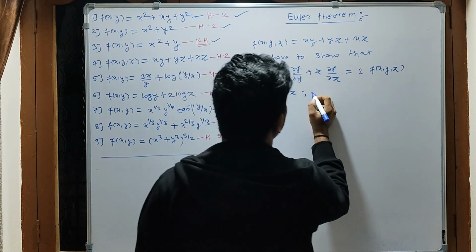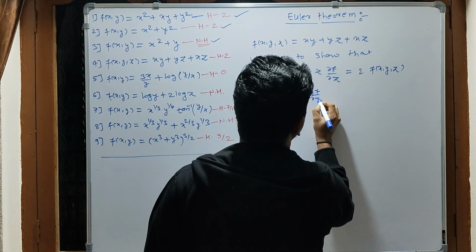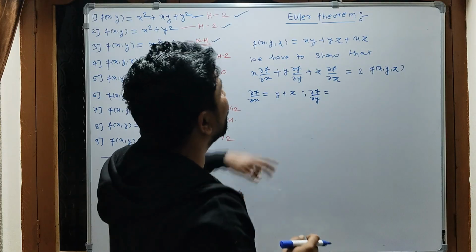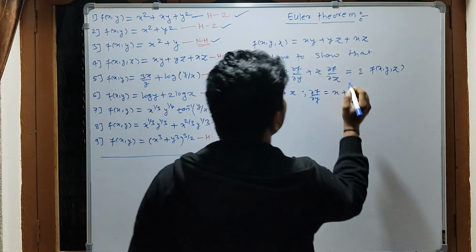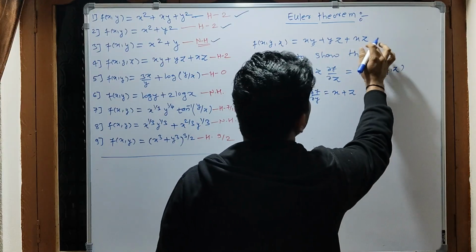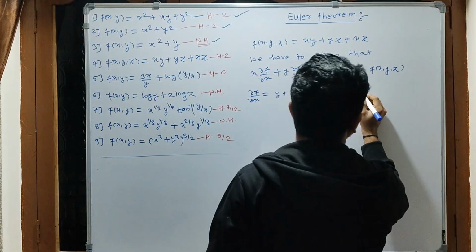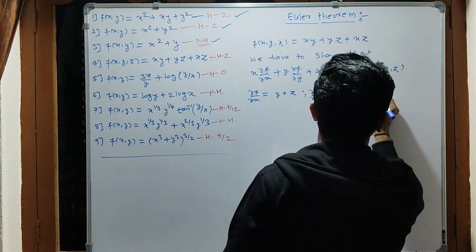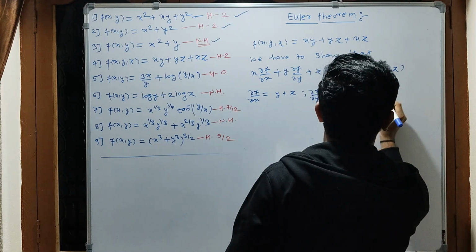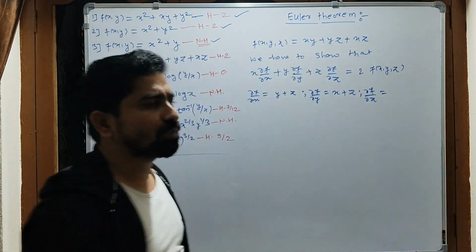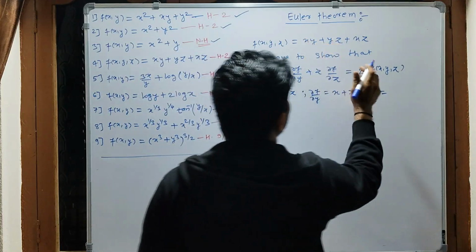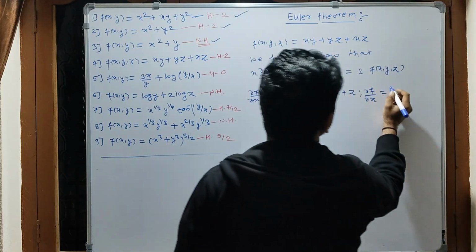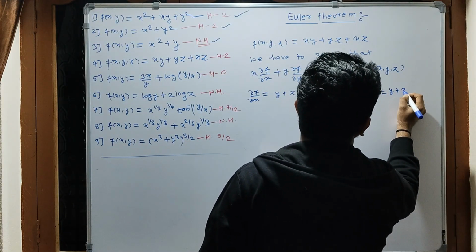Now the partial derivative of my function with respect to y: this is x plus z, with no y term, the complete term is 0. Then ∂f/∂z, the partial derivative with respect to z: there is no z term, so that complete term is constant 0. So there is 1 z, so this is y plus x.